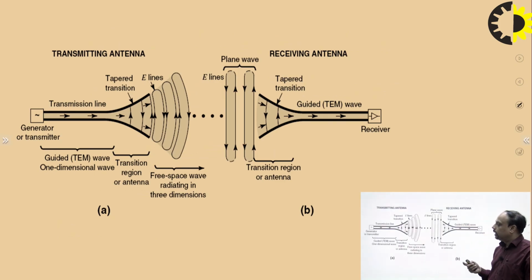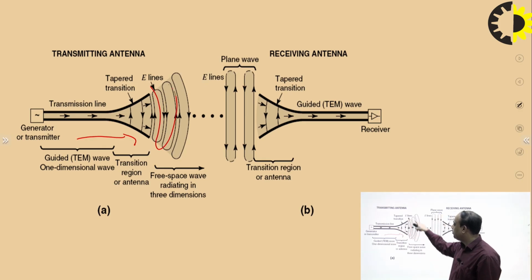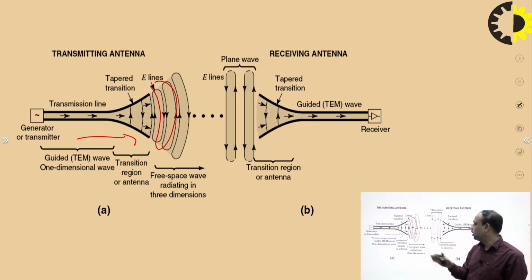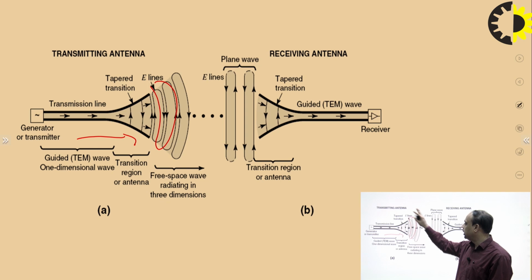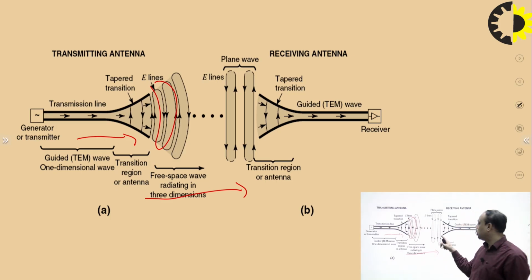Another thing: when the electromagnetic waves come from the antenna, they make this type of structure, where the wavefront is not completely flat but spherical in shape. But when we cover a large distance up to the receiving antenna, this wavefront gets bigger and bigger and becomes almost flat at the receiving end.